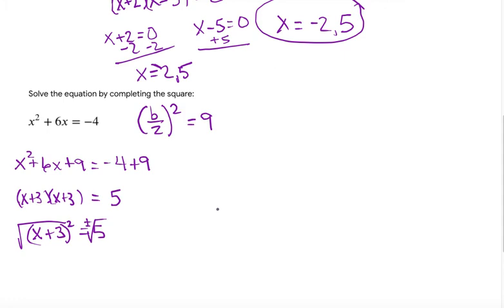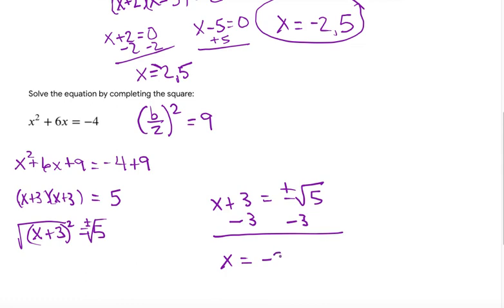So I have x plus 3 equals plus or minus the square root of 5. And one more step, because I need to have x all by itself on the left side, so I'm going to subtract 3. And just to write it properly, I will put that negative 3 in front of the radical. So negative 3 plus or minus the square root of 5. And that is your answer.